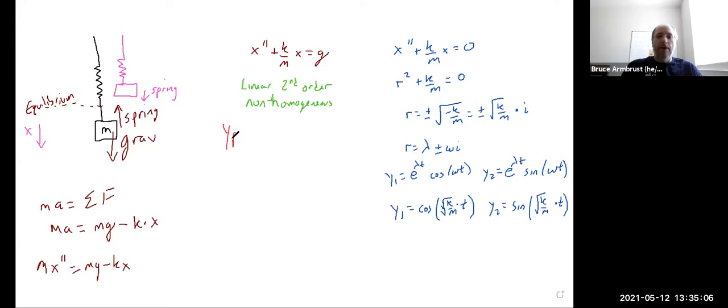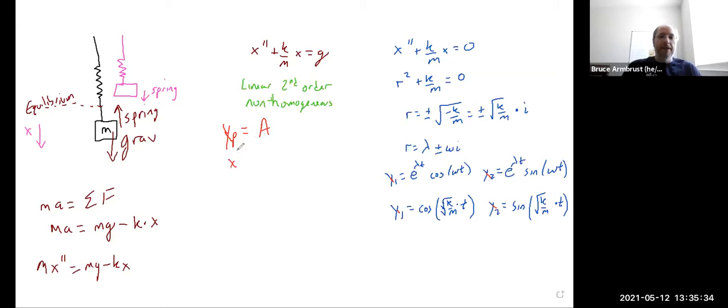The form that we're going to want for our particular solution is just a constant, right? I guess it should be x particular. All those things should be x's because we're doing x's, not y's. Sorry. But anyway, so this is a polynomial of degree 0. So we're going to guess a generic polynomial of degree 0.